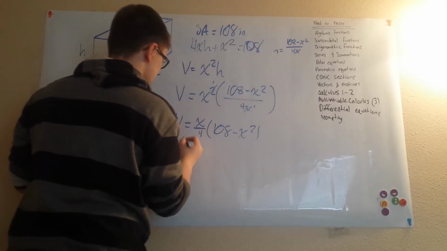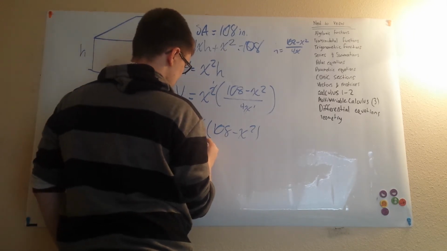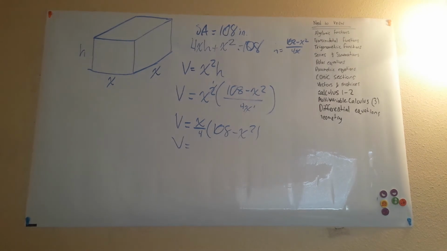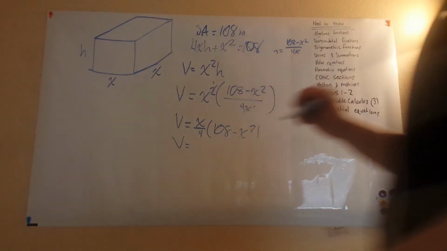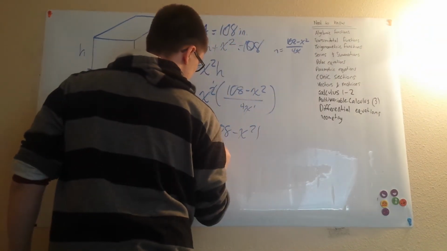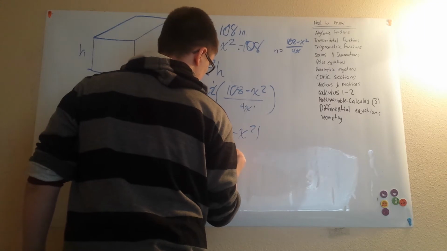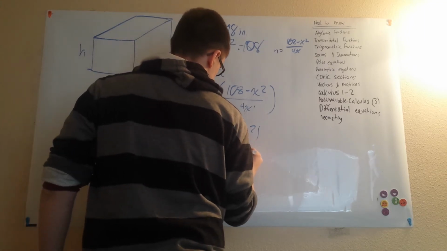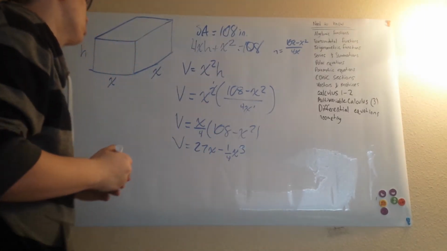We want to make this a polynomial. So 108 divided by 4 is 27. So we have 27x minus 1/4 x to the third. That's our equation.